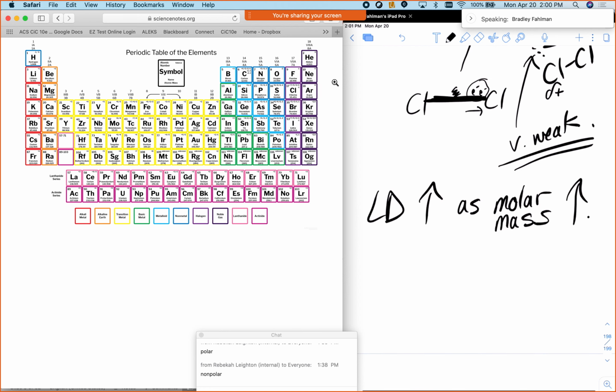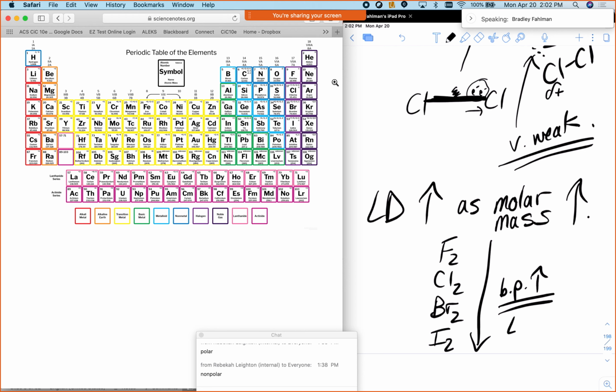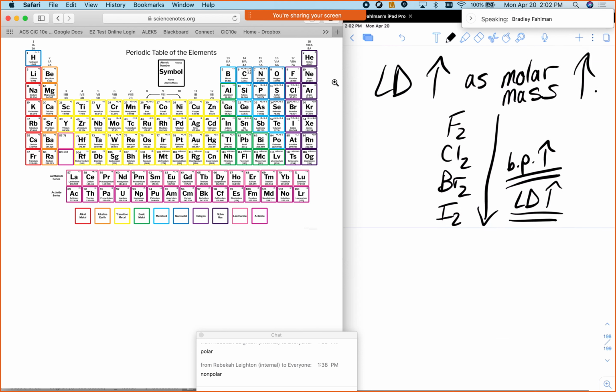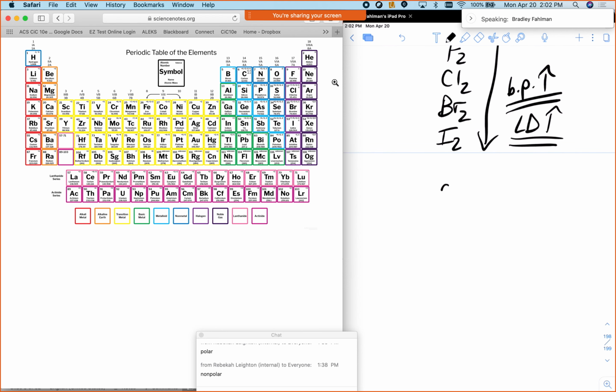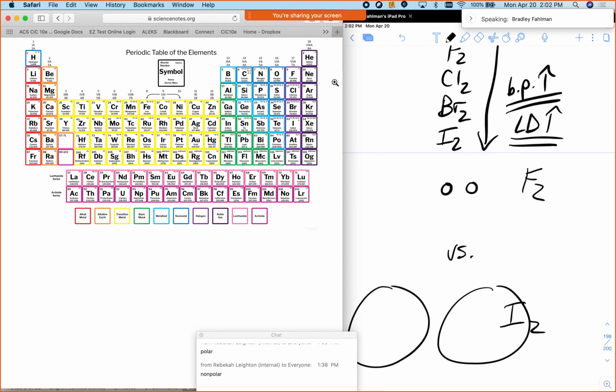For instance, if you look at fluorine, chlorine, bromine, and iodine, we would find that as you go down the group, the boiling point is going up because the London dispersion forces are getting stronger and stronger. The reason for that is, if you have fluorine, maybe those two atoms are that size, versus iodine, they may look like this, huge atoms.